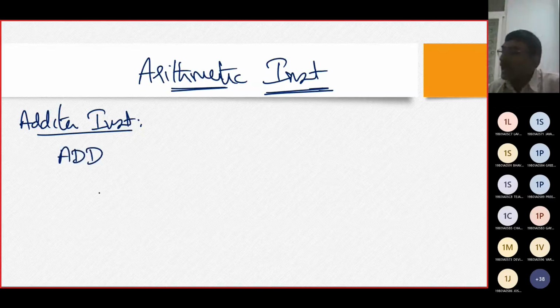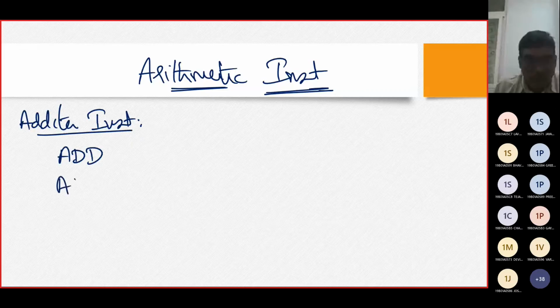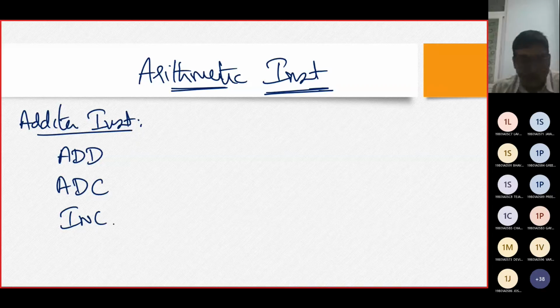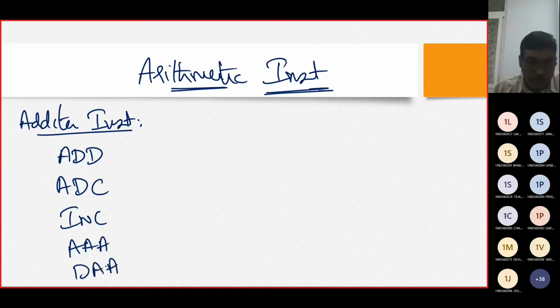One, we call it ADD. Then we are going to have ADC. The other word was INC. Then it will be AAA. Then it is DAA. So these 5 instructions are going to fall into the first category of arithmetic instructions.